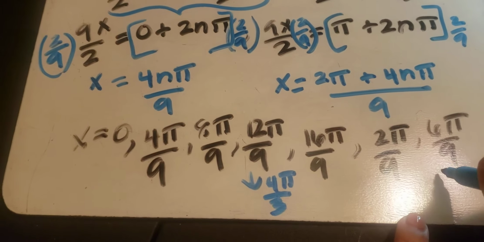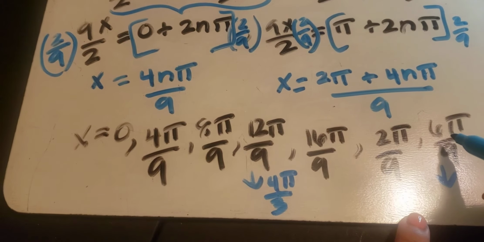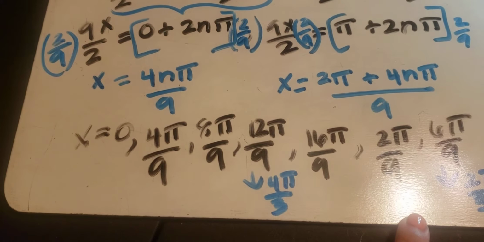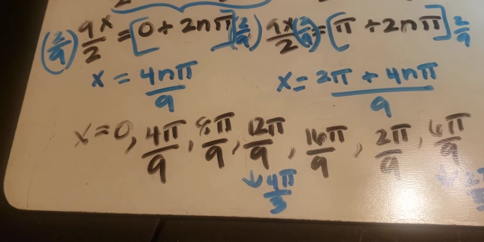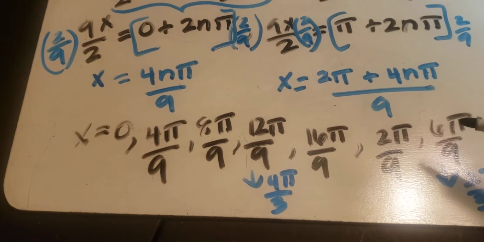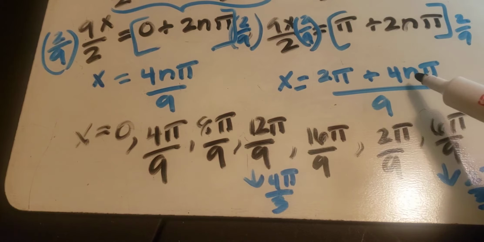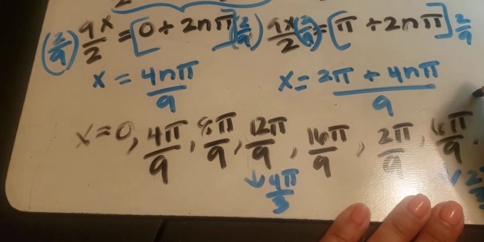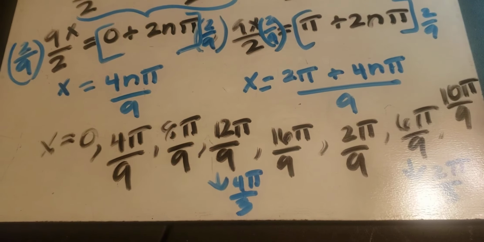And 6 pi over 9 can simplify to 2 pi over 3. So this is 0, this is 1. And then if n is 2, then I'm going to have 10 pi over 9. Notice this is slightly over pi, so we're still good.